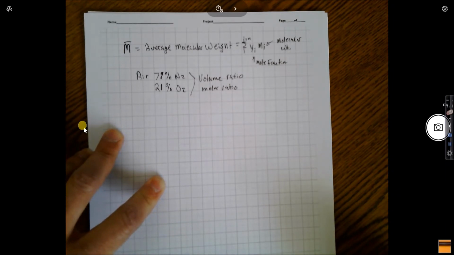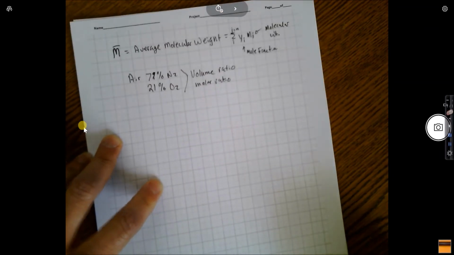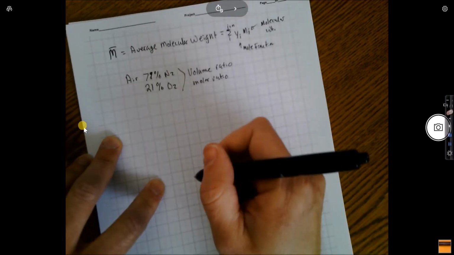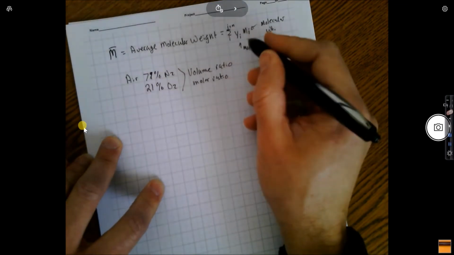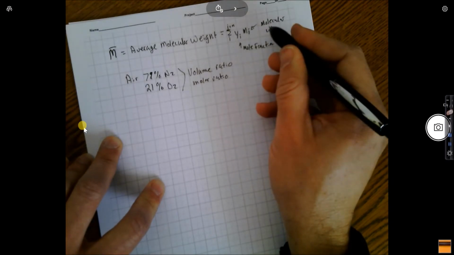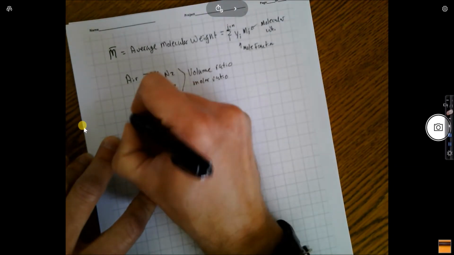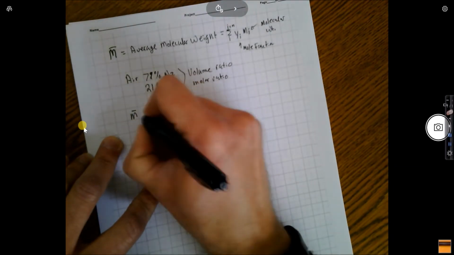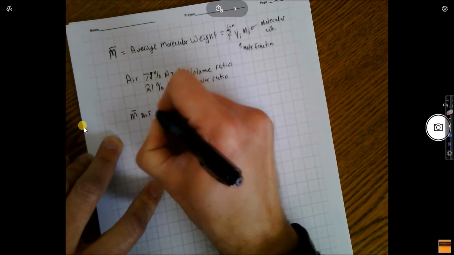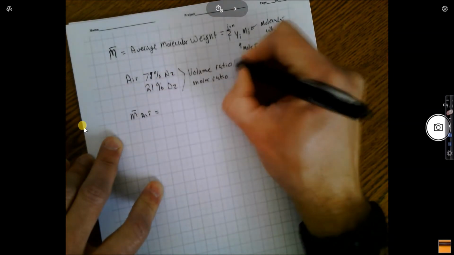In this case, let's do things in terms of kilogram moles, just to get people familiar with the units. So we look at our summation notation: we have mole fraction times molecular weight, and we want to set up a summation now.